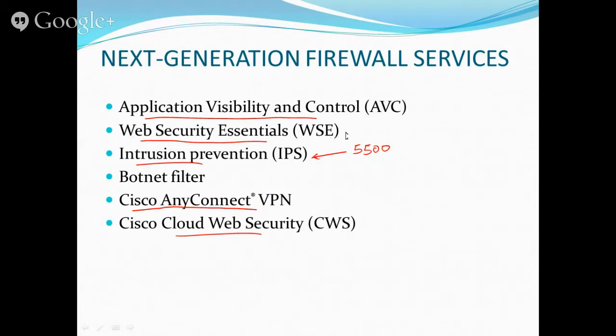I remember working on a project where we had a firewall, and we still had to use another web filtering solution. But with web security essentials, I believe Cisco has incorporated some of this web filtering into it, apart from just their basic URL filtering. So moving away from the normal 5500 series, it's nice.